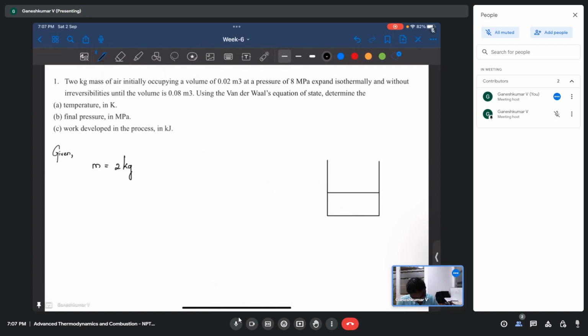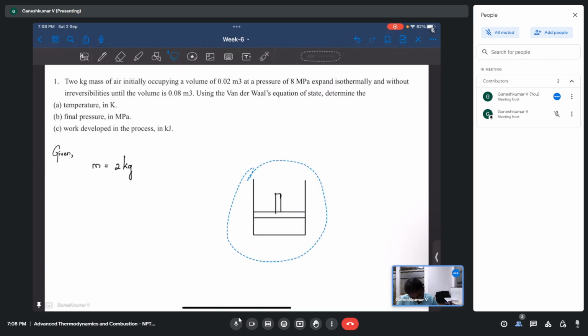This is our piston. Initially this is state 1. Let me draw it separately for state 1 and state 2.